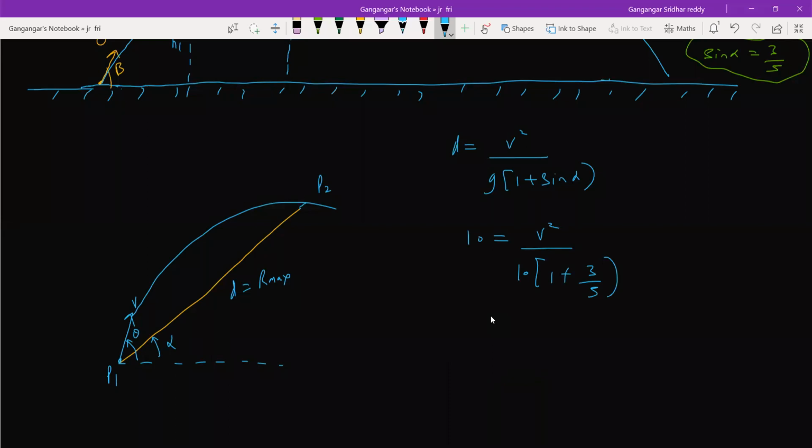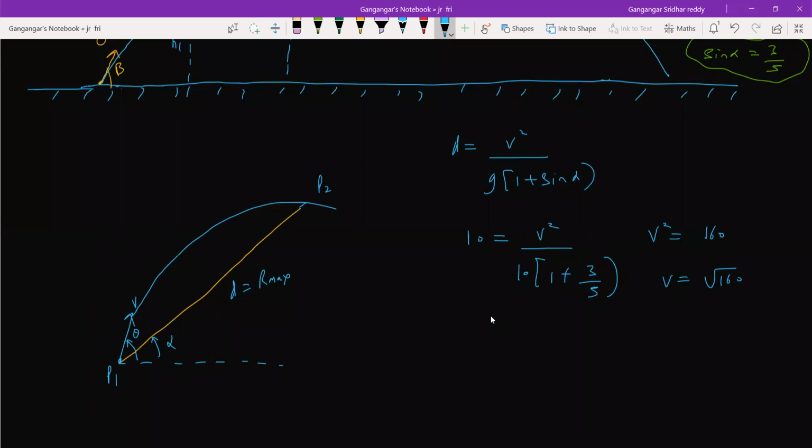So this will be 120. So v square is equal to 160. So v equal to root of 160.